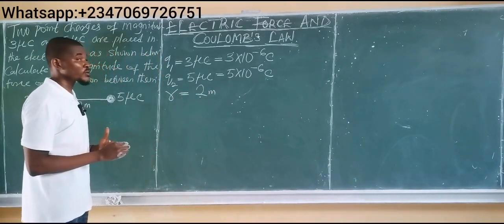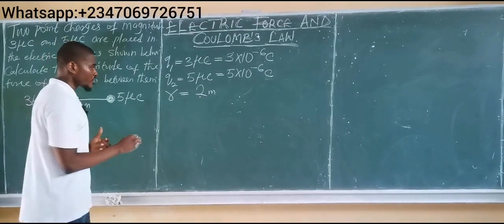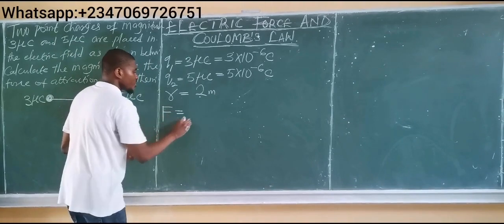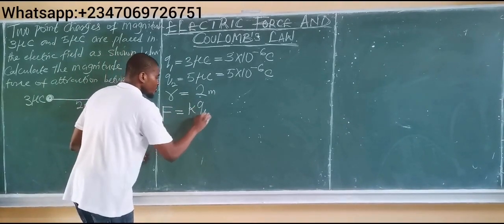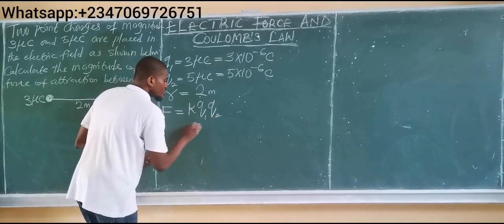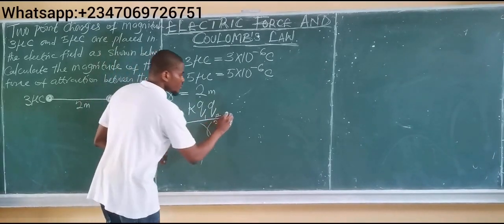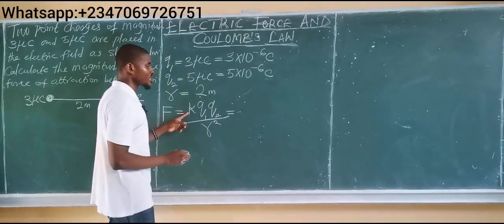Now we need to find the force of attraction between these two point charges. Recall your formula. Force is simply equal to k Q1 Q2 all over r squared. So this is going to be equal to, what is our k?